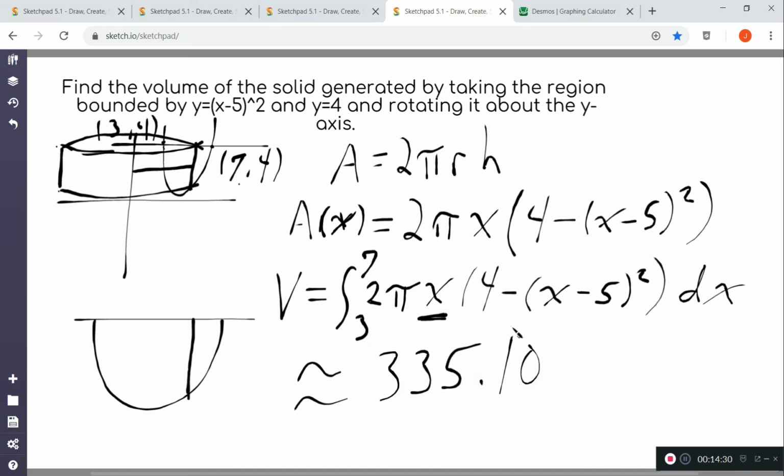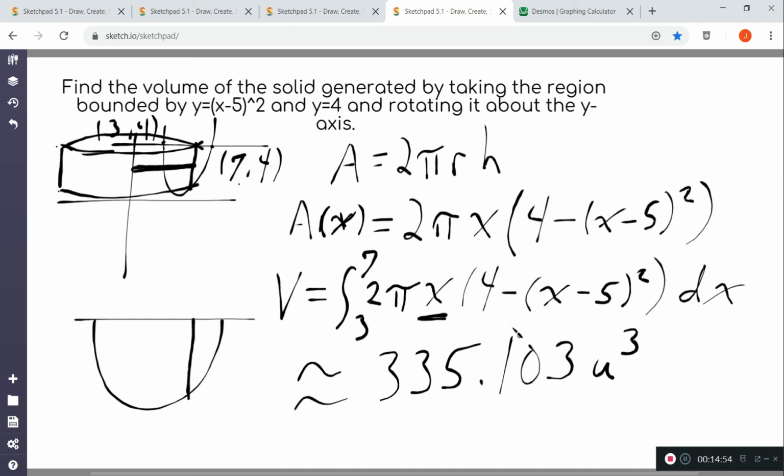335.103, which seems large. But if we think about this compared to the other ones, the first thing I'd like to notice is that this cylinder could have a height as high as 4. These cylinders could. And their distances, because they're so far away from the y-axis, they're going to cover a lot of ground as they rotate around.